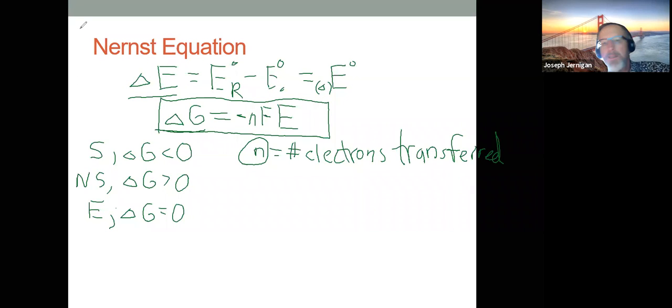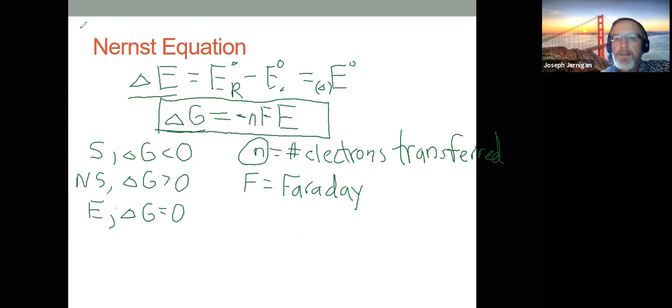Okay, so that's one piece of information. The other is F, which is what we refer to as the Faraday constant. And we talked about this when we talked about a type of electrolysis called coulometry, where we were able to quantitatively relate the current, or more specifically, the charge, current times time, to the number of moles of substance that is being electrolyzed.